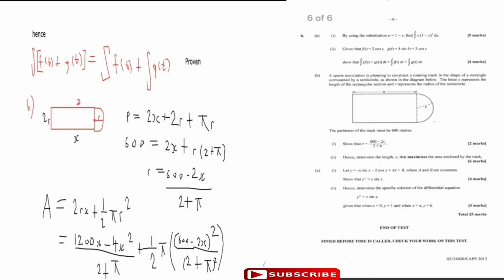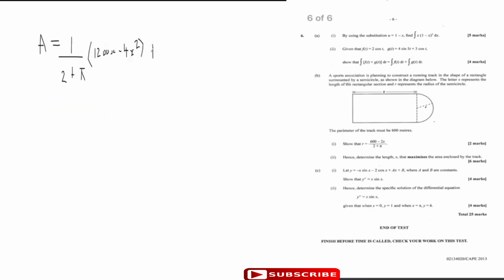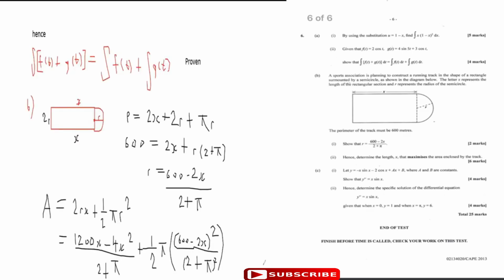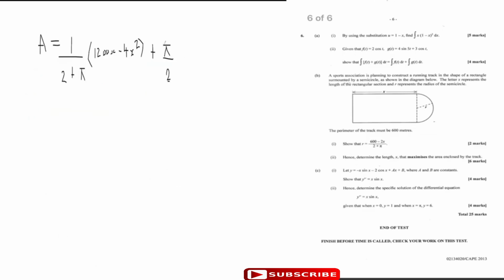this part now I'm going to pretty it up as a half pi times 2 plus pi squared. I'm just going to write this as plus a half pi, that's really pi over 2, and then this 2 is multiplied by, I'm going to change the denominator to 2 times 2 plus pi all squared.